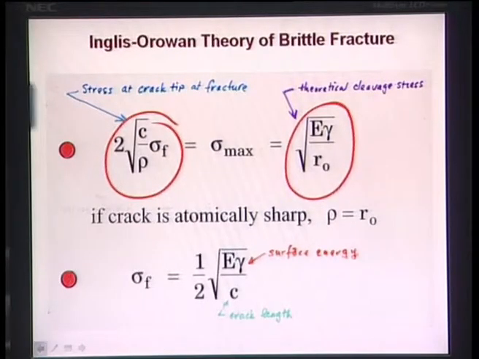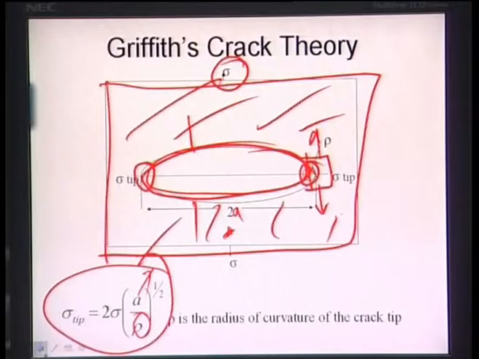Now remember from the basic physics of fracture of brittle solids, if sigma tip is greater than the interatomic bond strength, meaning the ionic or covalent bond in the material, then this crack will slowly propagate, leading to the fracture of the material. That is the point I want to mention here.